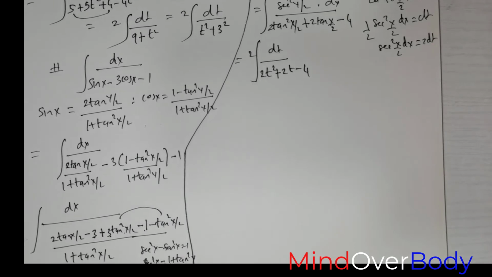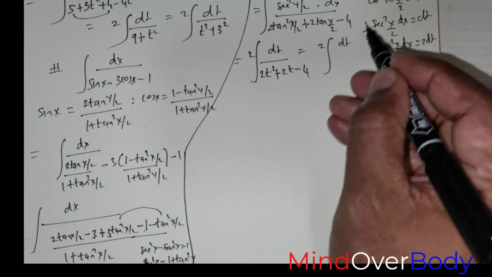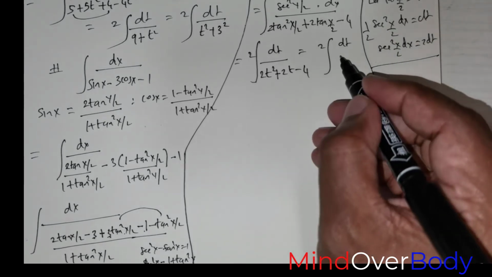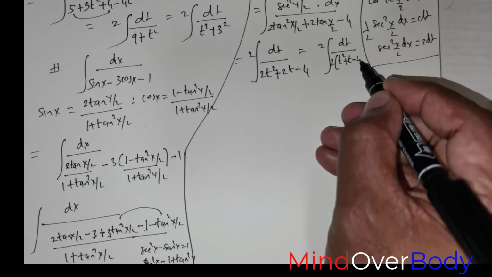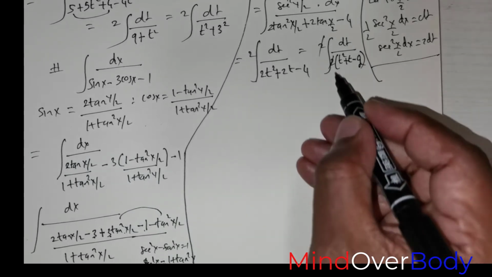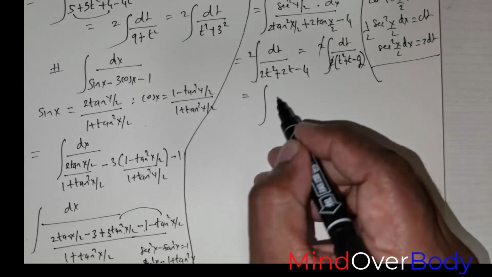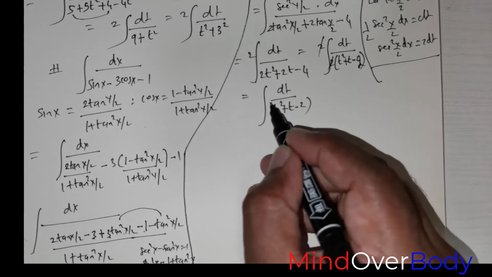So this is a quadratic. If I were to take 2 out, this is going to be 2 times (t² + t − 2). This 2 and 2 can be cancelled, giving me the integral of dt over t² + t − 2.